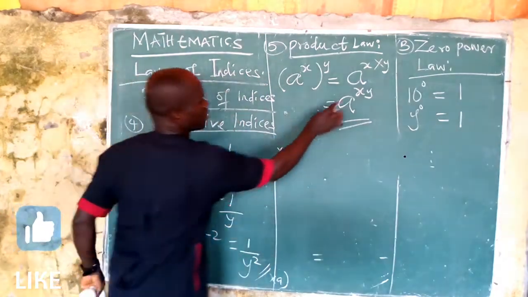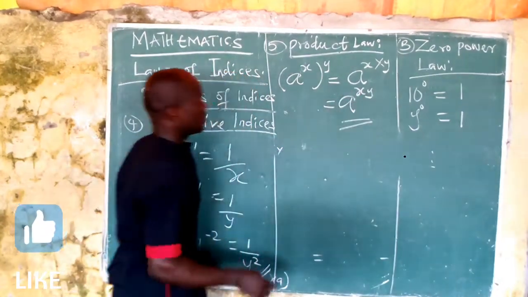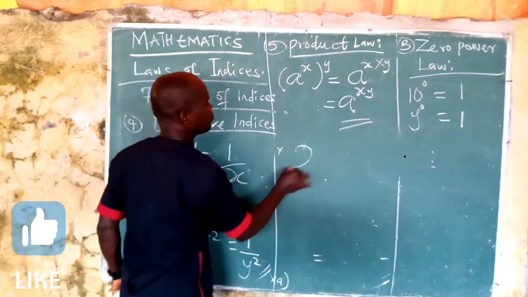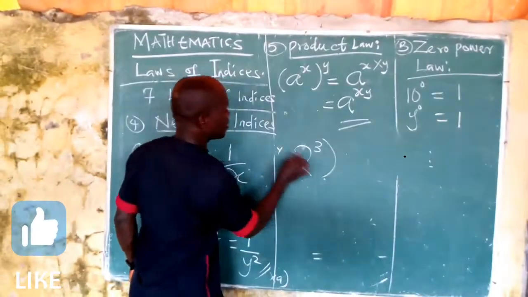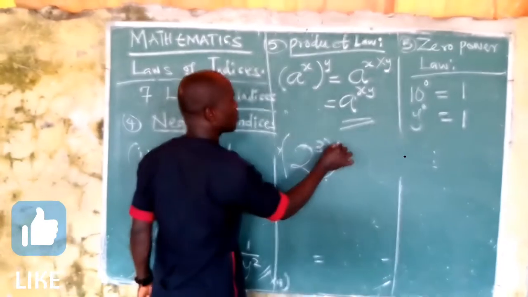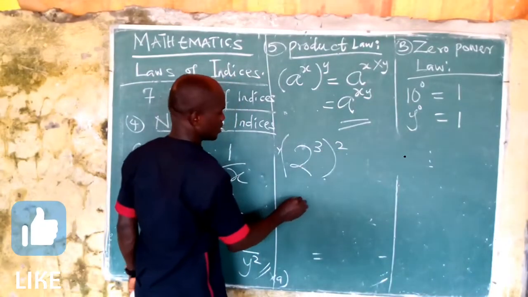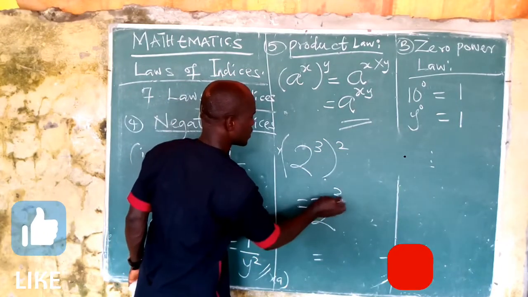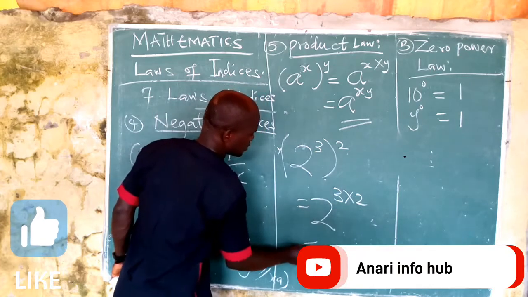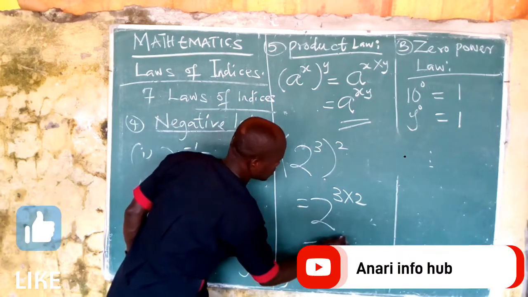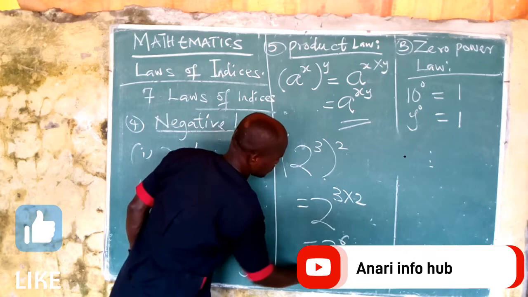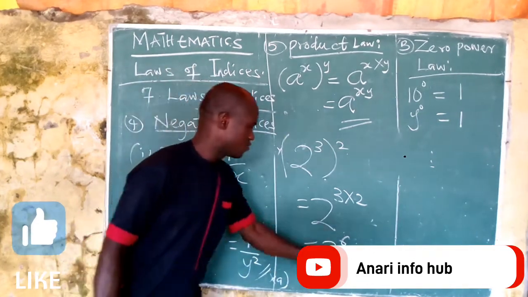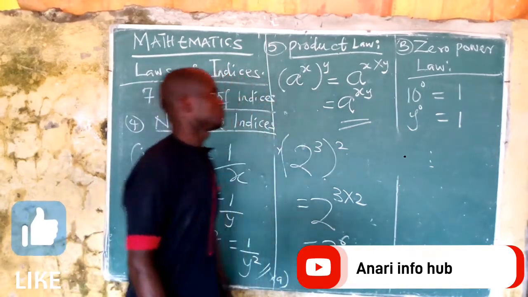Notice the order of the alphabet. That means if I have 2 raised to power 3, all raised to power 2, it means 2 raised to power 3 times 2. That is to say 2 raised to power 6. Remember, this means 2 by 2 by 2 by 2 by 2 by 2.